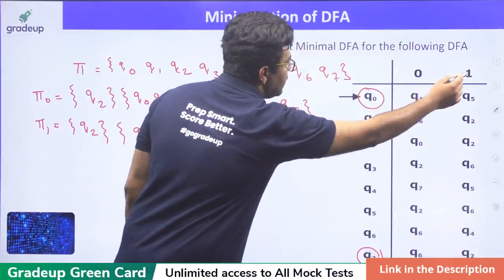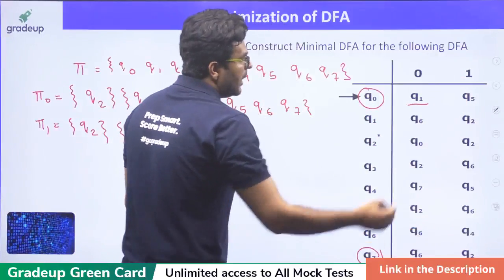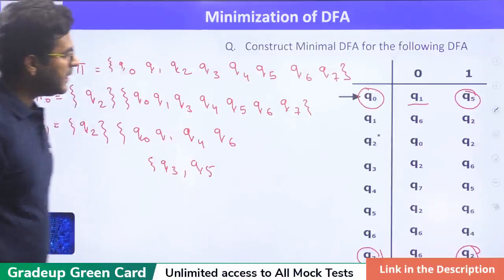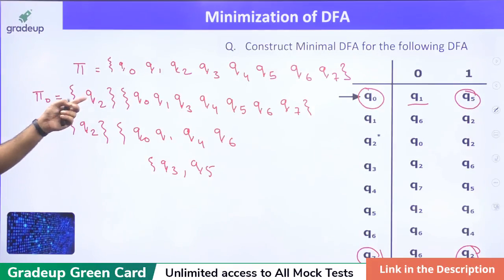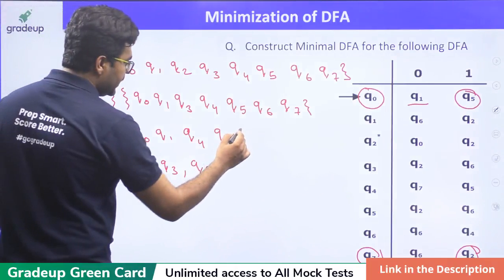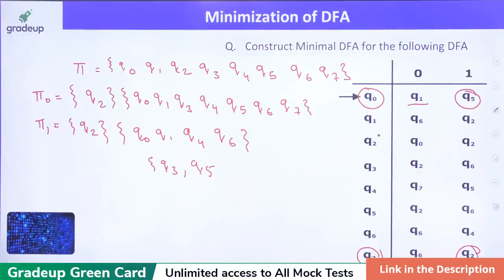Then on Q0, after reading 1, it goes to the Q5 state and the Q2 state. But Q2 and Q5 are in different sets in pi 0, so we can't keep them together. So this should be the answer for pi 0.